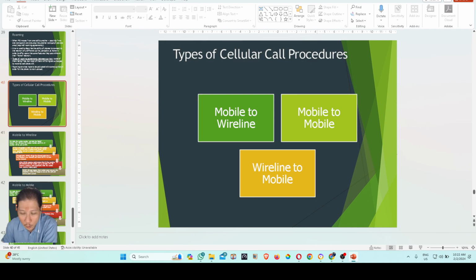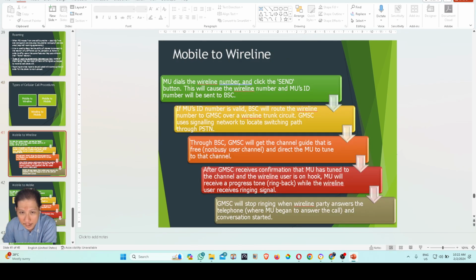Mobile to wireline is when the mobile unit dials a wireline number and clicks send, they will call the wireline number and the mobile unit number will be sent to the base station unit. If the mobile ID number is valid, the BSC will route the wireline number to the MSC over the wireline trunk circuits lah. Okay, and then direct to the channel lah.